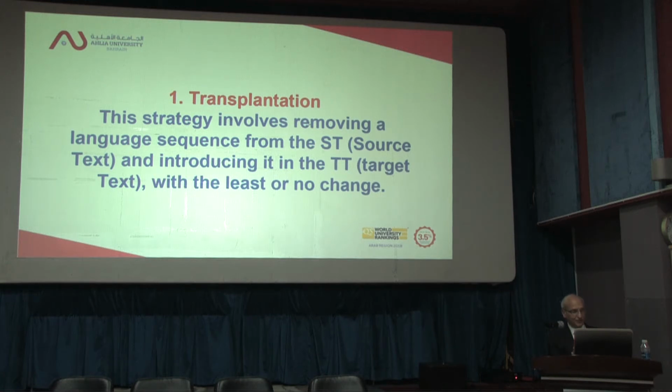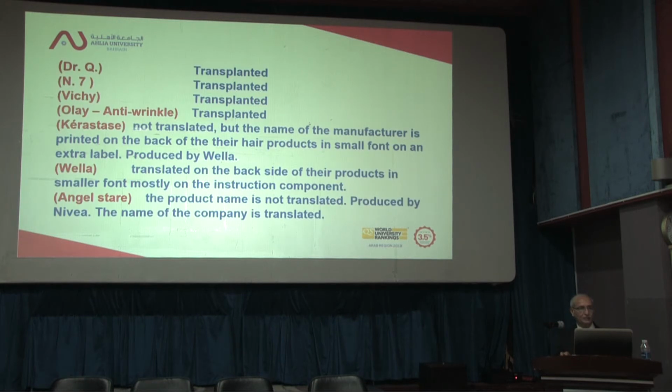This is arranged actually for the sake of marketing purposes. Brand names are rarely translated. It's put as it is. Next one is, let me give you examples. These brands here, they are not translated, they are simply transplanted.